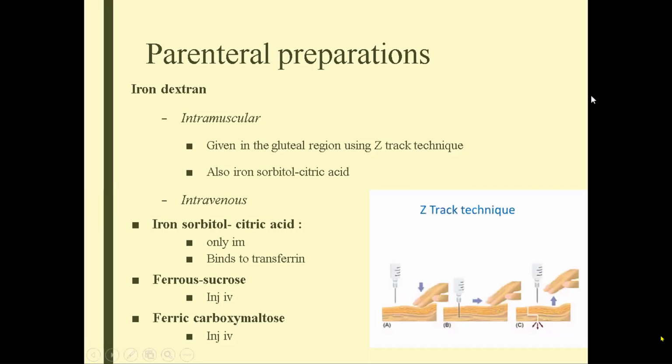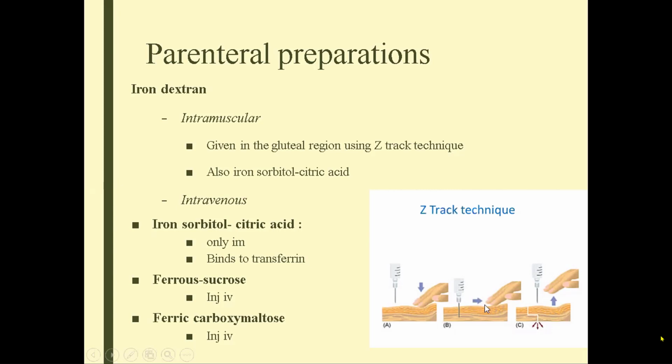You might know this, I don't know whether it is taught to you or not, just for an idea for now. So the Z track technique is given in this way, right? It is usually given in the gluteal muscle, perpendicularly, but before injecting the iron, you can see here the skin and the lower portion of the skin, the cutaneous regions, are pulled a bit towards yourself, right?